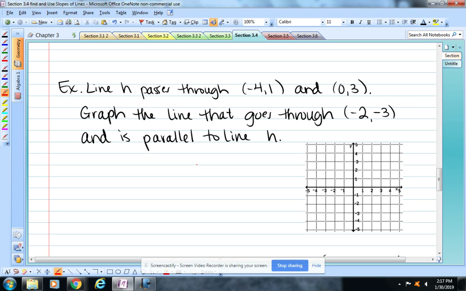I'm going to get a drink of water. After you graph line H, look up and see if it looks like my line H.